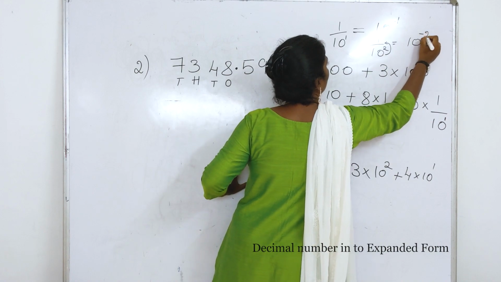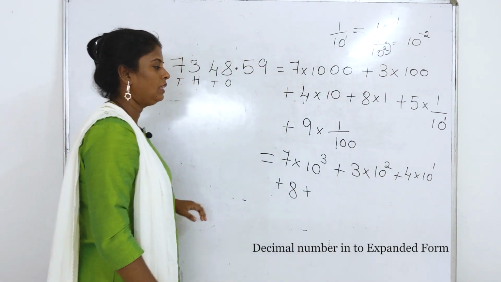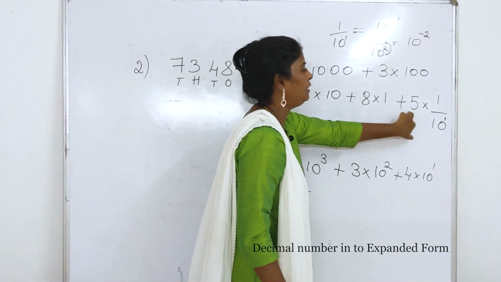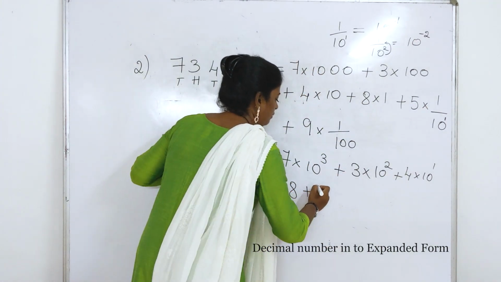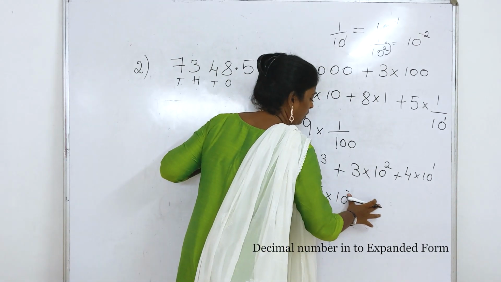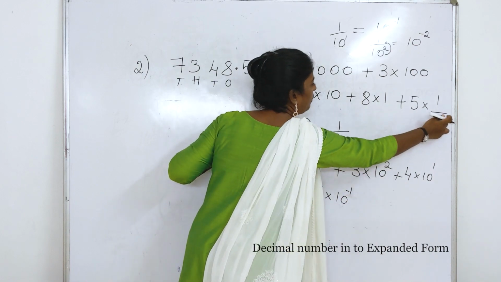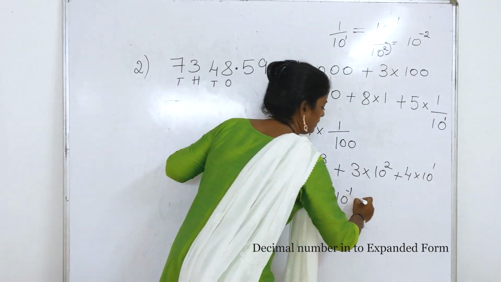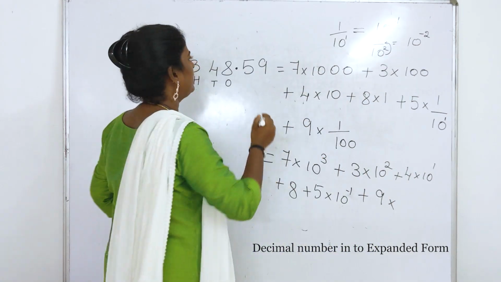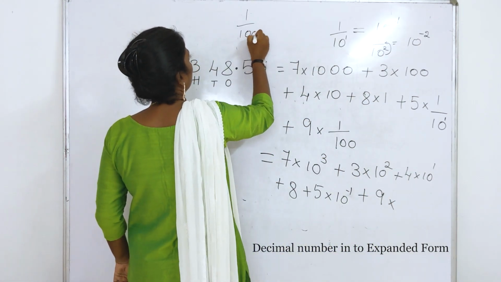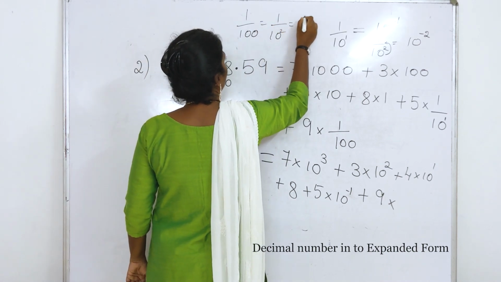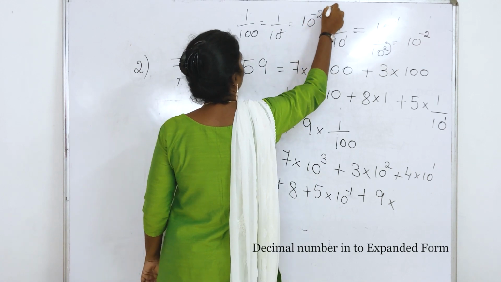So we have 8 into 1 is 8, plus 5 into 10 to the power minus 1, plus 9 into 1 by 100, which is 1 by 10 squared, and this is equal to 10 to the power minus 2.